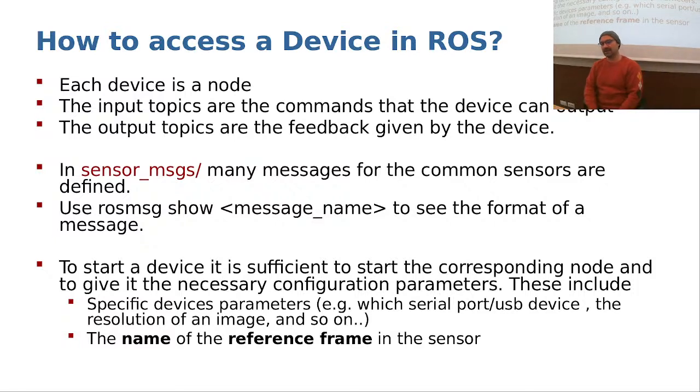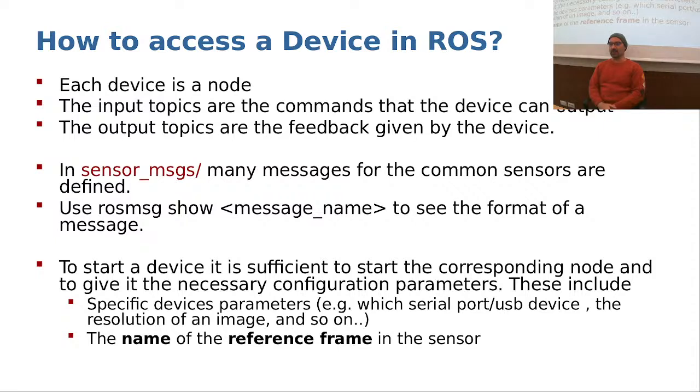Now, nominally, all devices that you might find in ROS are seen as sources of data and sinks of data. They typically produce a topic repeatedly. They produce on a topic a message of the right type, and they subscribe to another topic the commands that you want to send to these sensors or actuators.